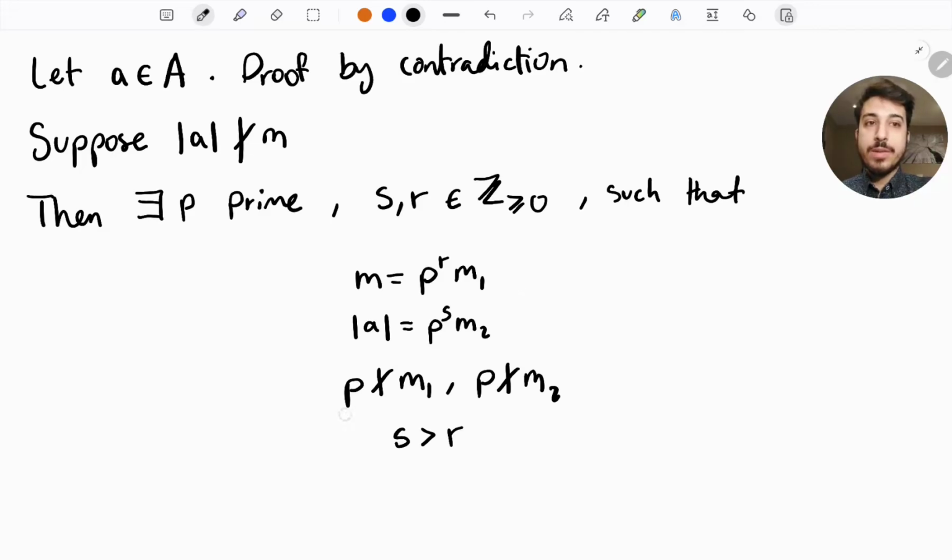And we will suppose that p does not divide m1 or m2, thus ensuring that when we write it like this, p to the r times m1, we have taken all of the powers of p from M and we put them over here. So for example, if p was equal to 2, then this will be a power of 2, and this will be an odd number that does not contain any 2 in its factorization.